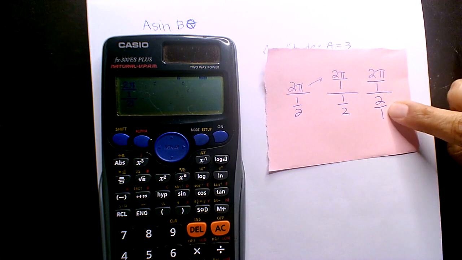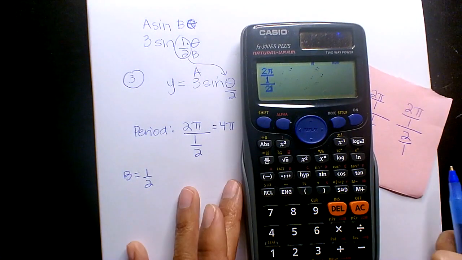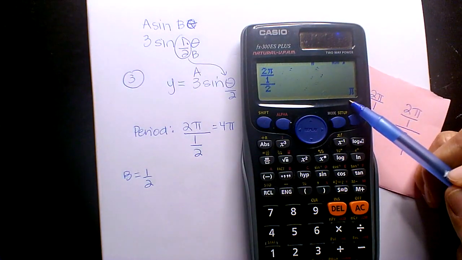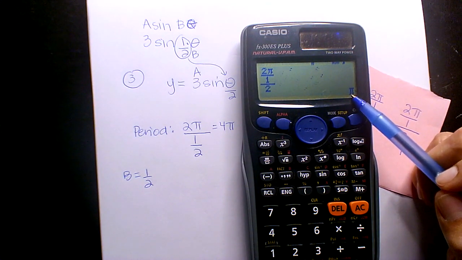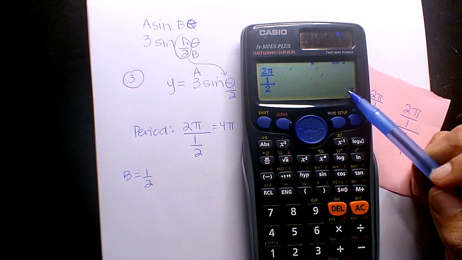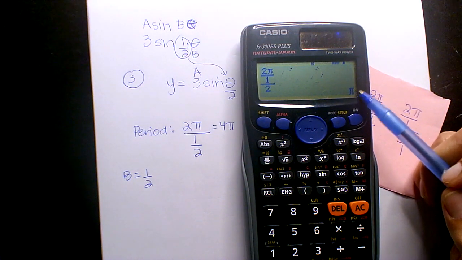You reciprocaled your denominator. You flipped it. So you have to understand that, and then this one gives you pi. It matters what you're typing into the calculator, because one of them is a fourth shorter than what our period should be. Our period should be 4 pi, but this is pi.